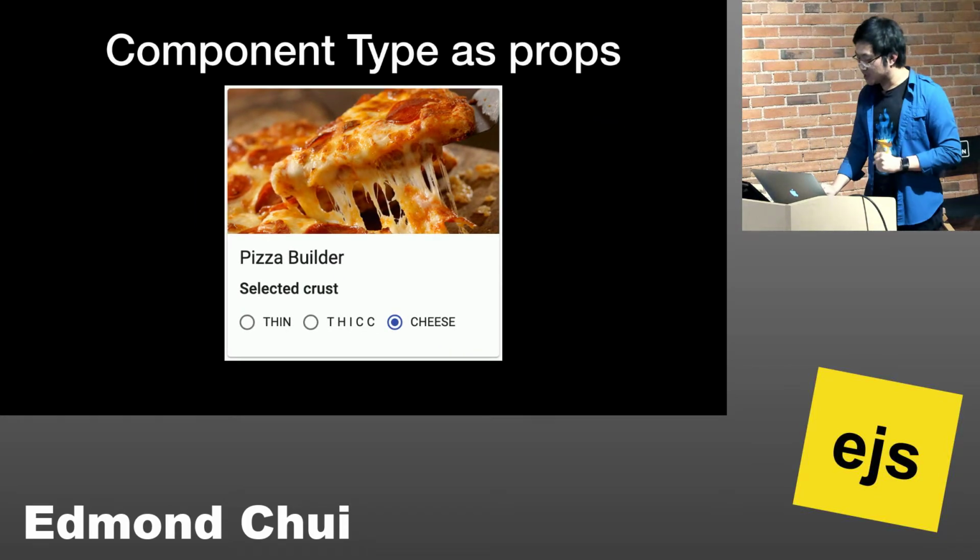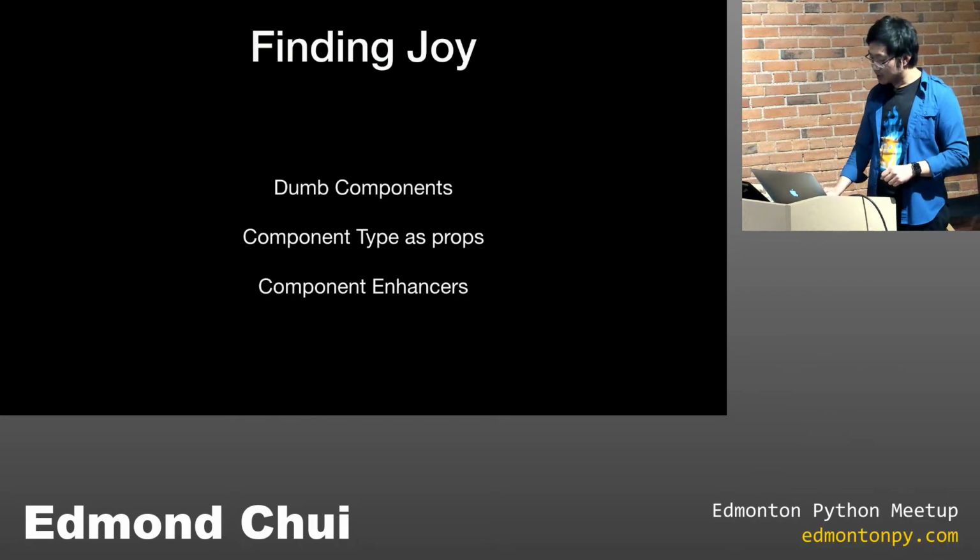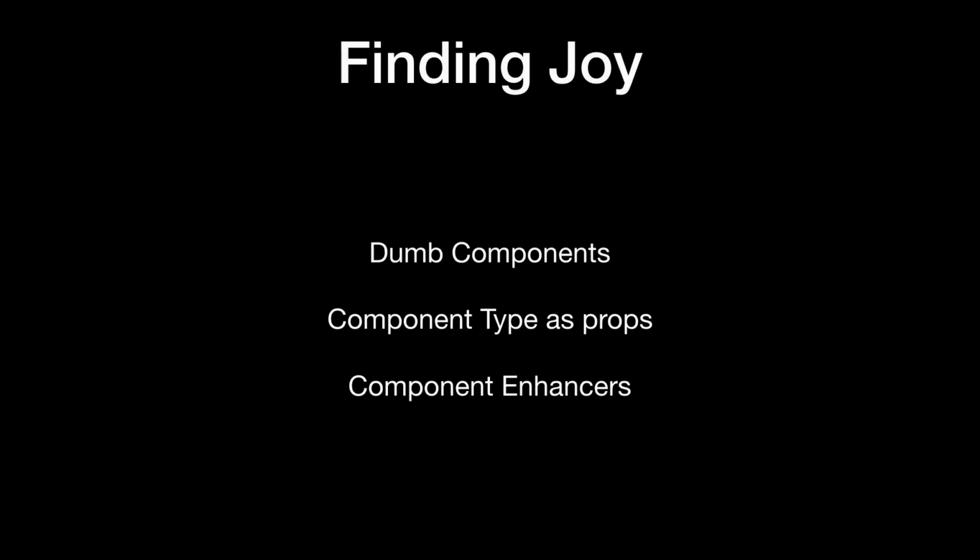So we've looked at component type as props, and we're going to look at the last thing, because it's all nice and all with dumb components, component types, but we still need our throttling logic. So that's where component enhancers come in. Some people call that higher order components.